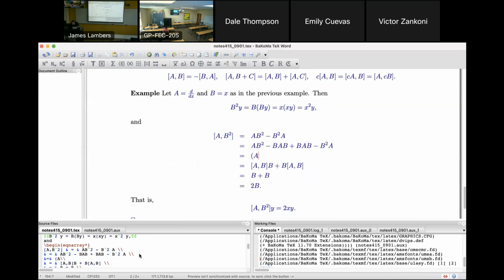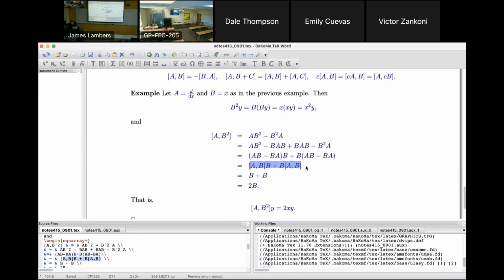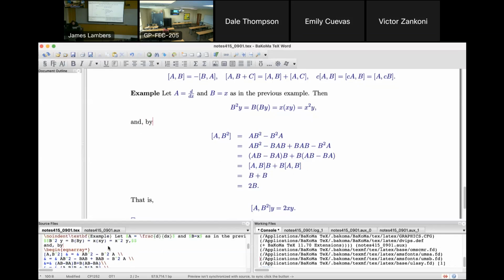So I have AB minus BA times B, plus B times AB minus BA. I recognize these as commutators, and so I write it like that. Now here's where I fall back on what was worked out in the previous example.